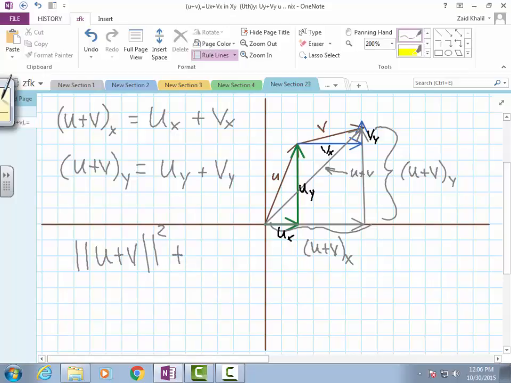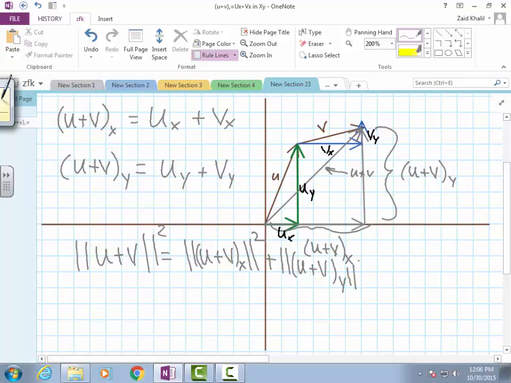So in other words, it is equal to the magnitude of u plus v x squared plus the magnitude of u plus v y squared. Of course, that is just simply Pythagorean theorem.